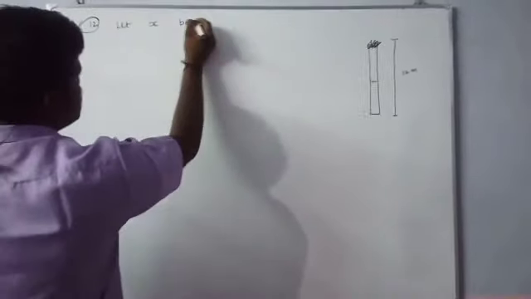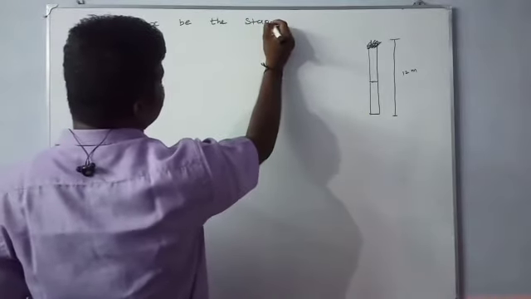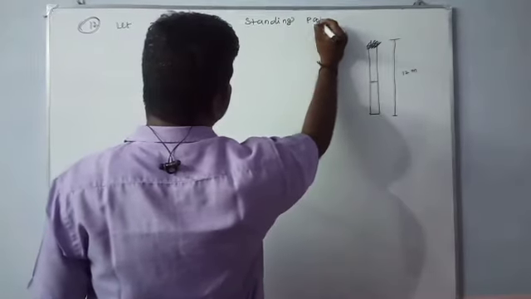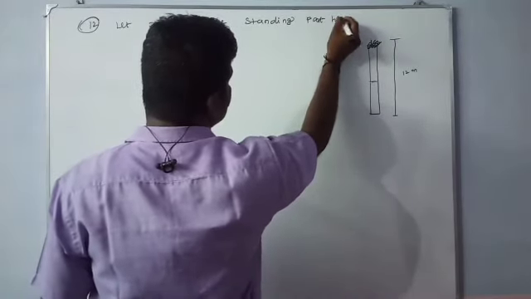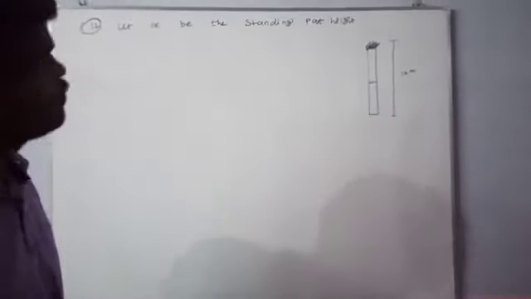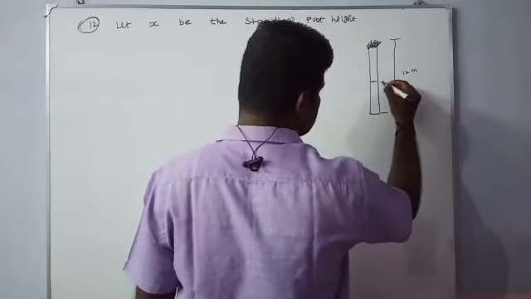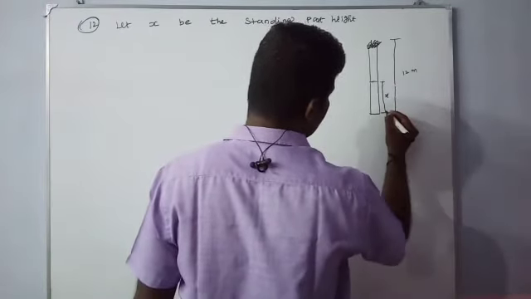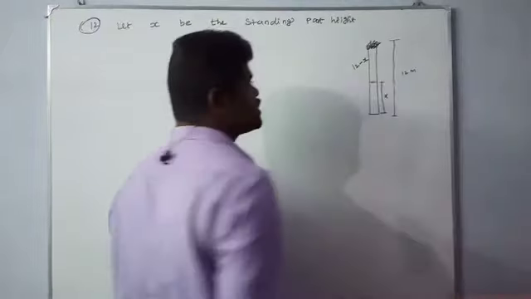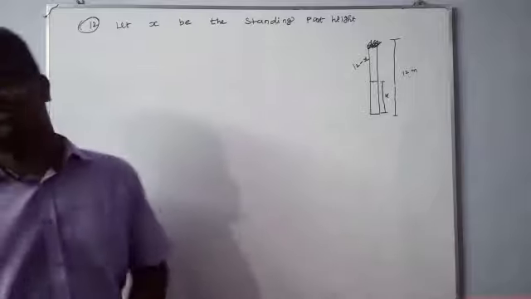Let x be the height of the standing part. This is x. So here 12 minus x. Okay, this is x and this is 12 minus x.